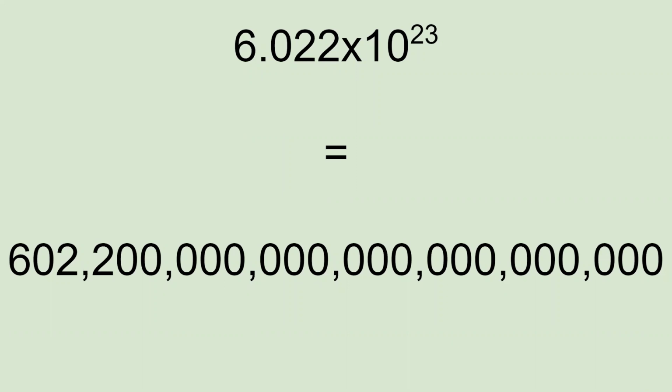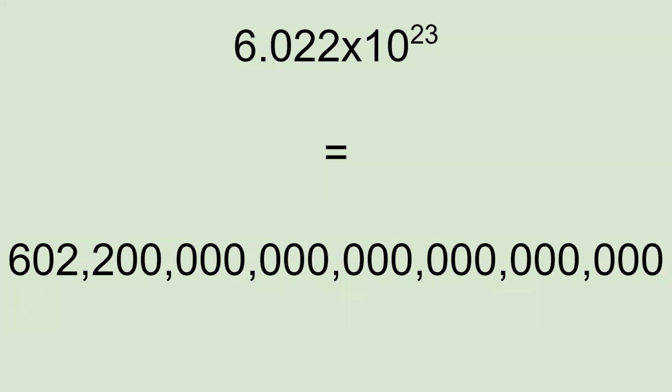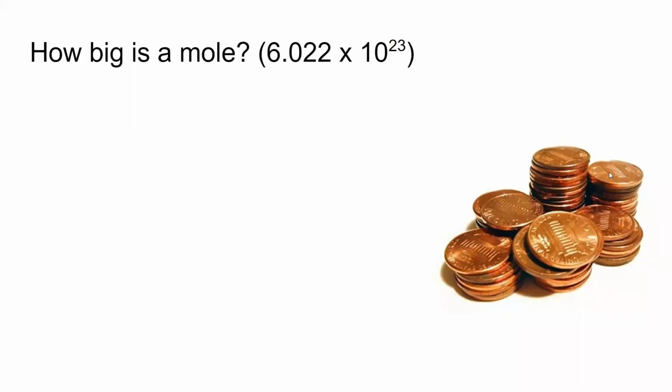So I'm going to give you guys a few examples to show how crazy huge this number is. Okay, the first one, let's say that we had a mole of pennies, meaning we had this many pennies. So the question is how much money would that be?